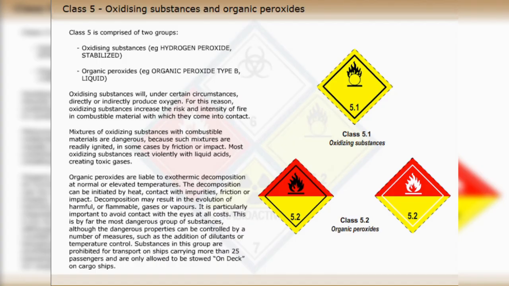This is by far the most dangerous group of substances, although the dangerous properties can be controlled by a number of measures, such as the addition of dilutants or temperature control. Substances in this group are prohibited for transport on ships carrying more than 25 passengers and are only allowed to be stowed on deck on cargo ships.